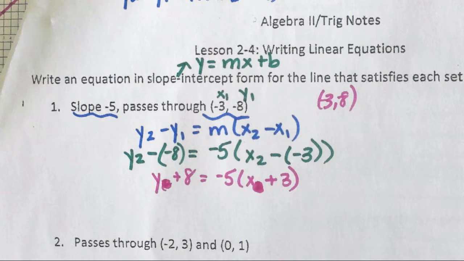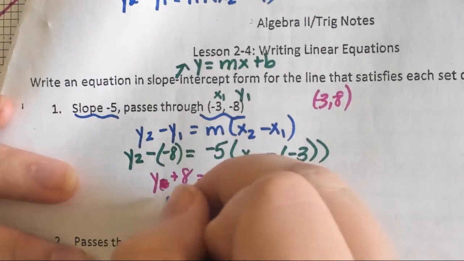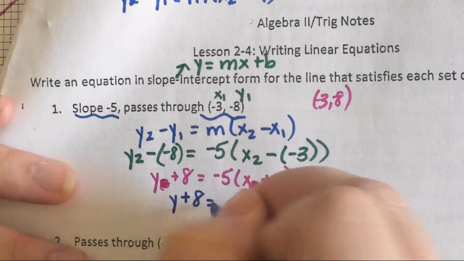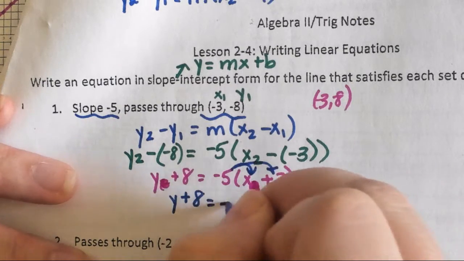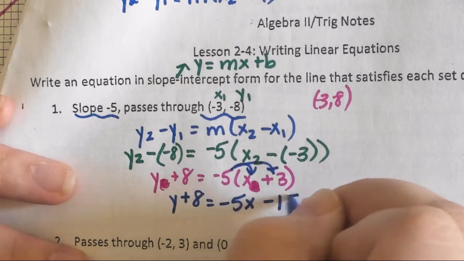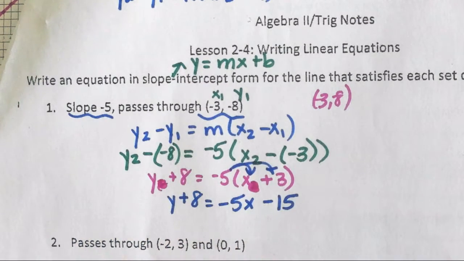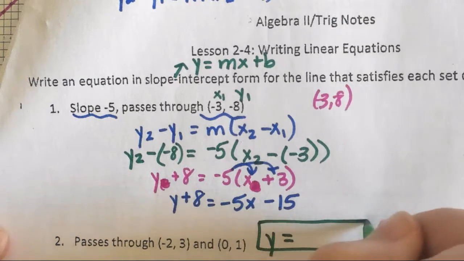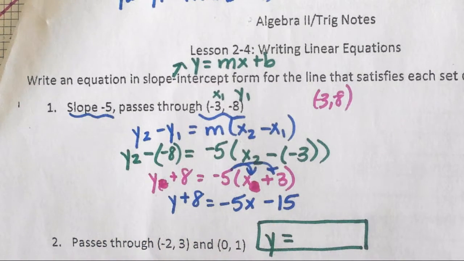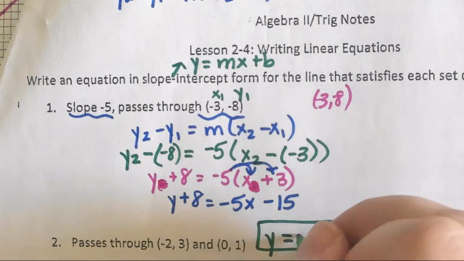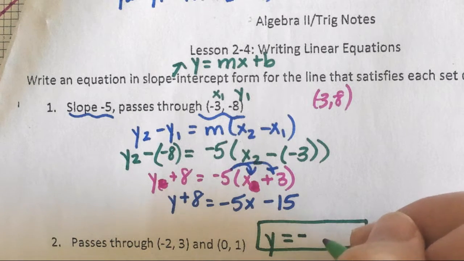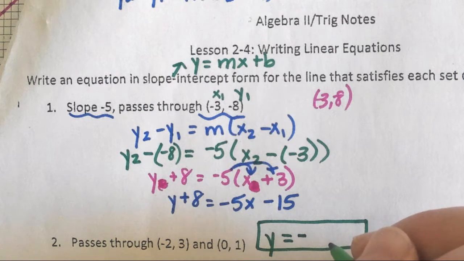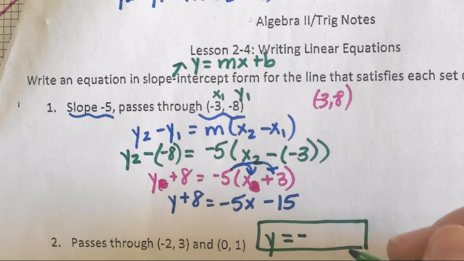I've got to distribute. y plus 8 equals negative 5x minus 15. And I'm not done. You know I've got to get rid of that 8. What is the final answer? y equals negative 5x minus 7. Travis, you had something different?